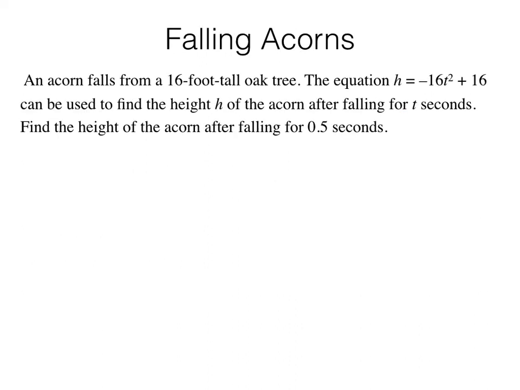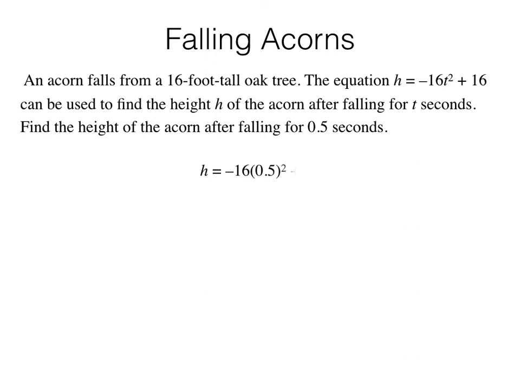We have one last problem about acorns. An acorn falls from a 16-foot tall tree, thus the plus 16 in the formula. The equation h equals -16t squared plus 16 can be used to find the height of the acorn after falling for t seconds. So let's find the height of the acorn after falling for half a second, or 0.5 seconds.